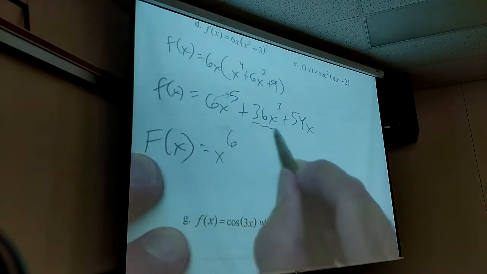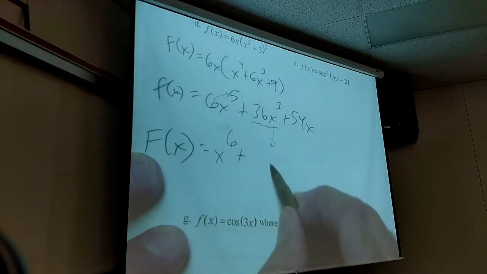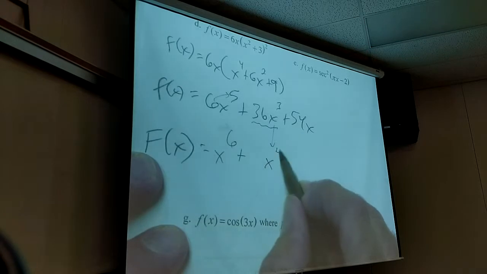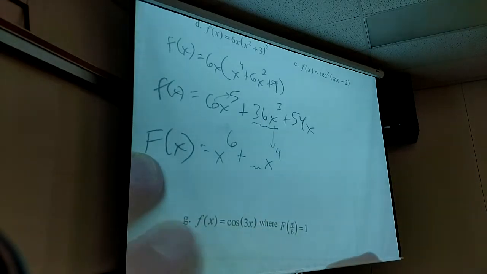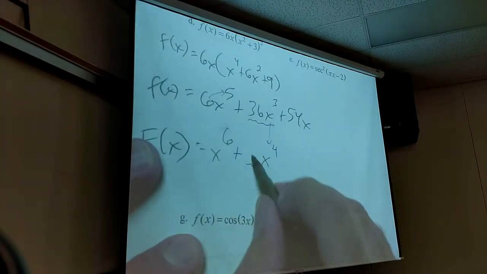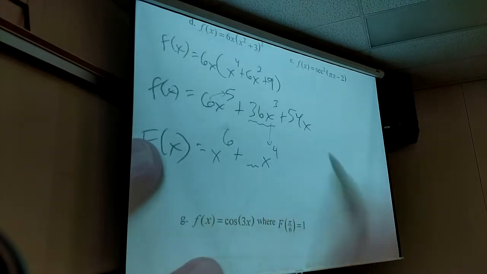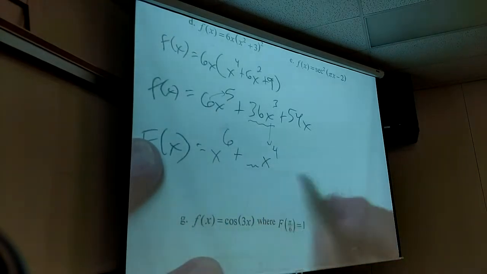What about this guy? What I always do with this, x cubed would have come from x to the fourth. What has to be here, so when the 4 comes down to get 36? 9. The rule would still work. If I did the rule, it would be 36 x to the fourth divided by 4, and you get 9, but you can also think about it more directly.